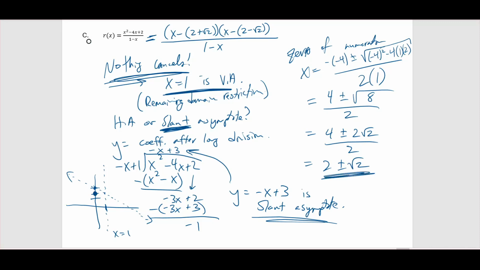Well, how about these? The zeros of the numerator, 2 plus and minus square root of 2. So wouldn't those be somewhere in here and somewhere in here? Either way, we can put these points on our graph, and we can make our picture better and better.